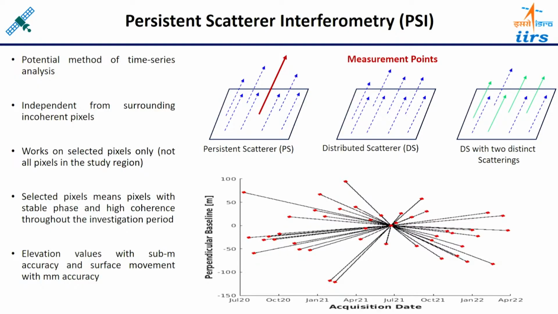If you are not getting any PS, it means this technique is failing; it will not work, or you can say this technique fails over the natural environment, because there the targets are changing very rapidly. So for a longer period, if you want to apply the PSI technique over the natural environment, it is very rare that you will get some points.